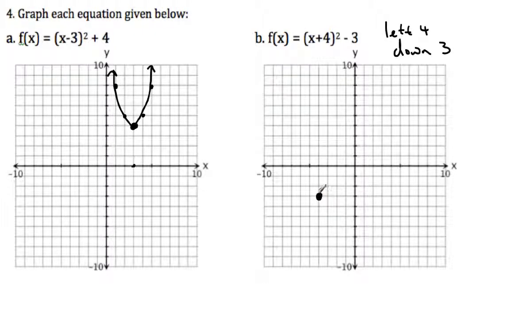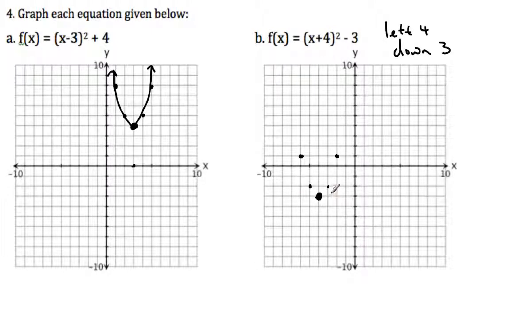So we start right here. Now let's follow this pattern. Over 1, up 1. Over 2, up 4. Let's go to the other side. Over 1, up 1. Over 2, up 4.